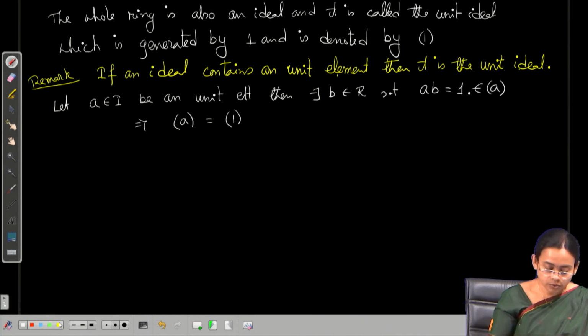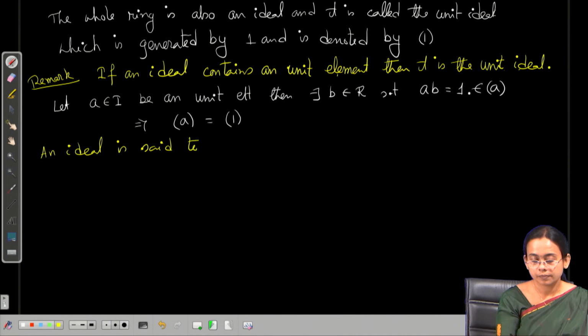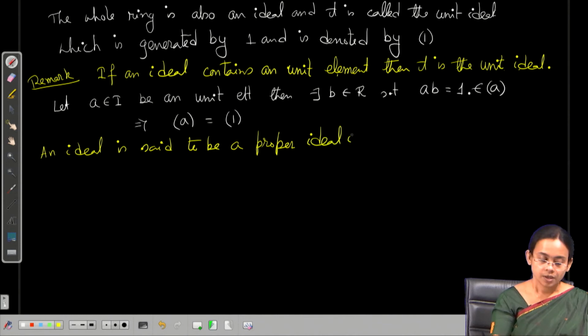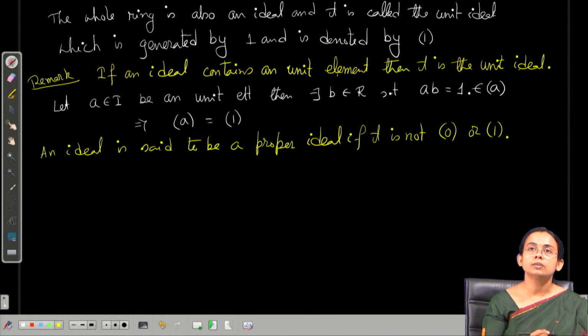And also, as a remark, I would like to mention that an ideal is said to be a proper ideal if it is not the 0 ideal or the unit ideal.